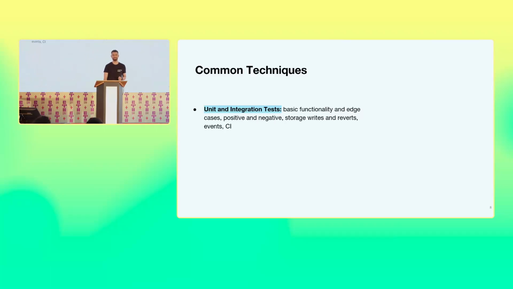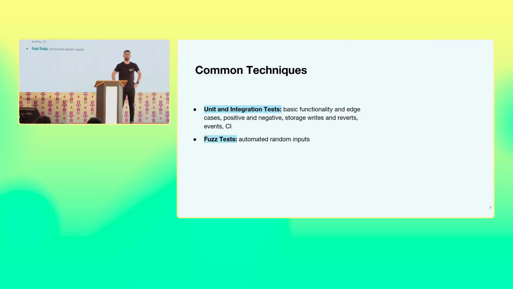Also, we check each storage write and each reverting condition. It's also important to ensure that your events are fired properly, and it's useful to integrate all of this into your CI/CD pipeline to protect yourself from regression bugs.